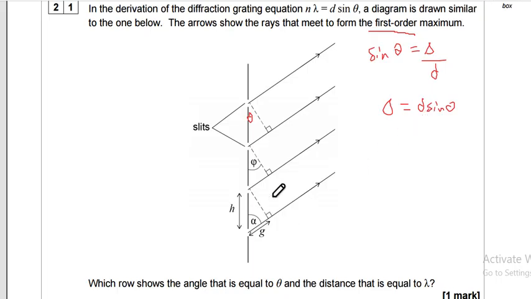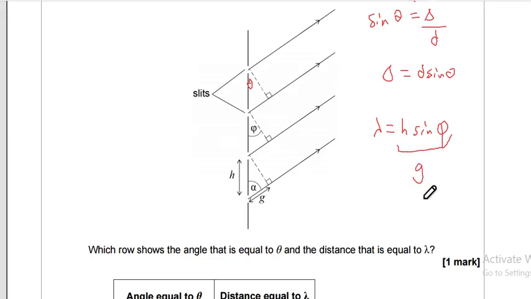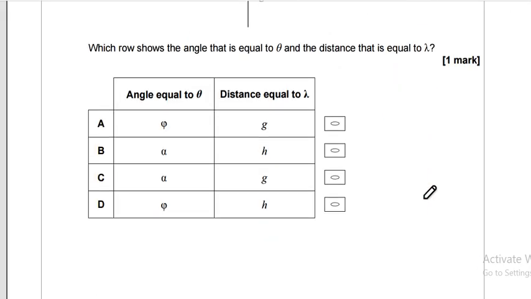Okay, so I would accept that lambda equals h sine phi, or this is the same as g.